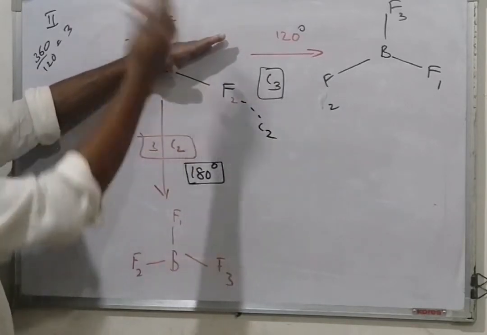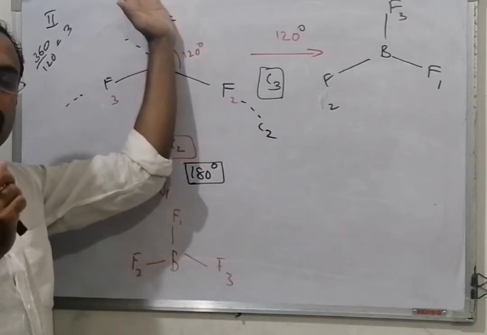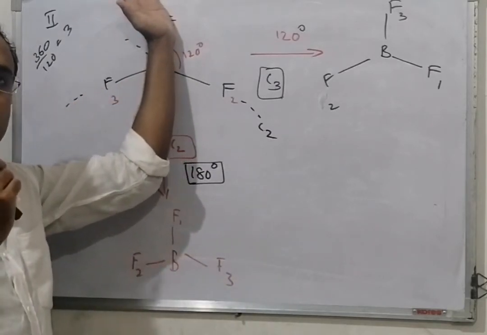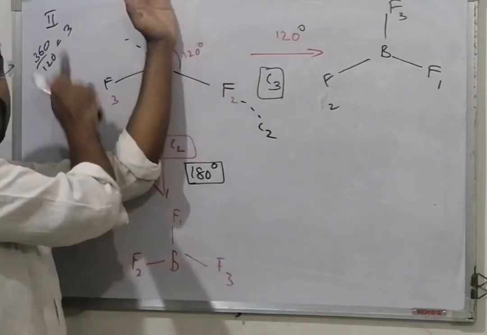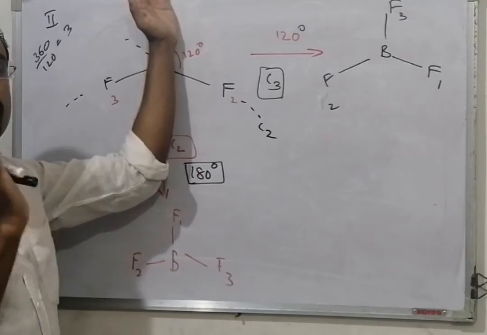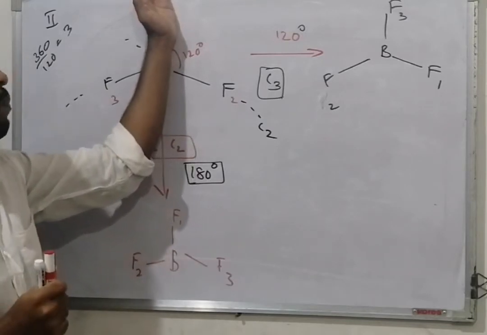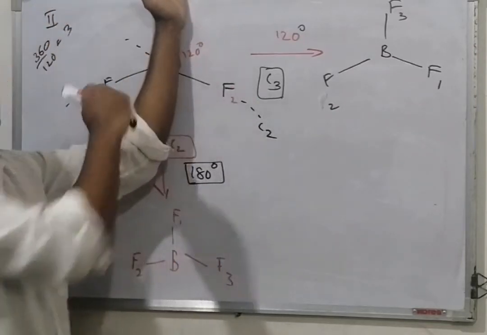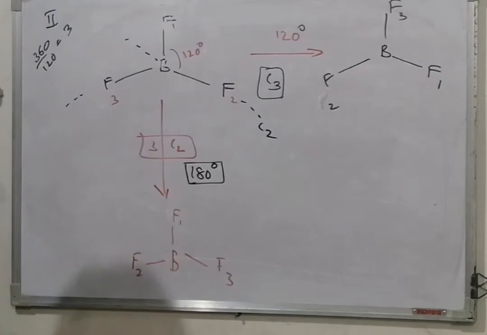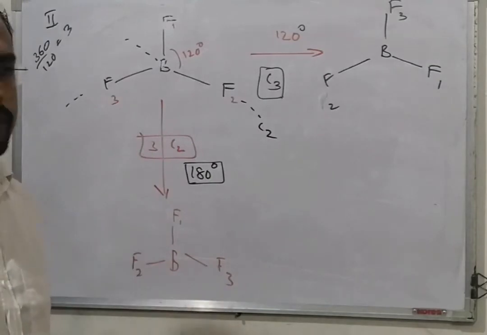Left should go right, right should go left. That is the simple method for writing 180 degree rotation products. Therefore this molecule has a C3 axis and a C2 axis.